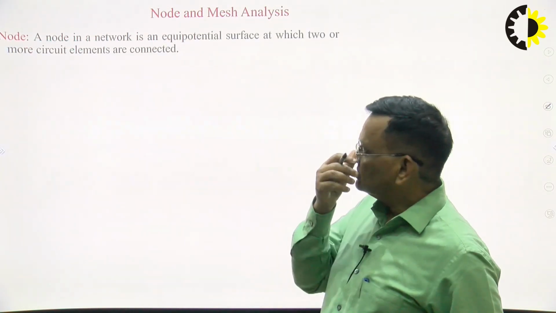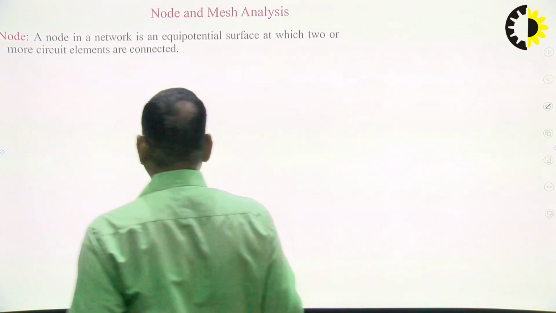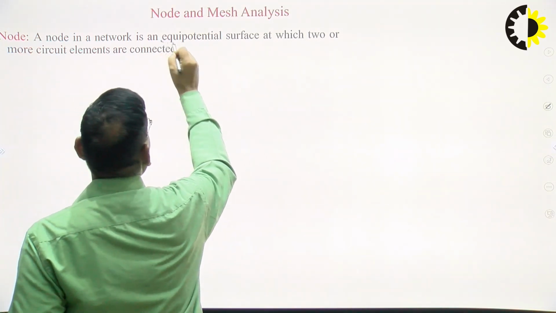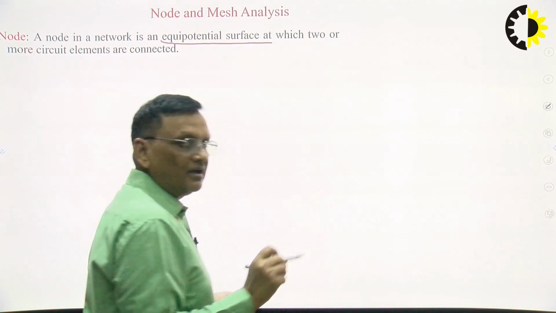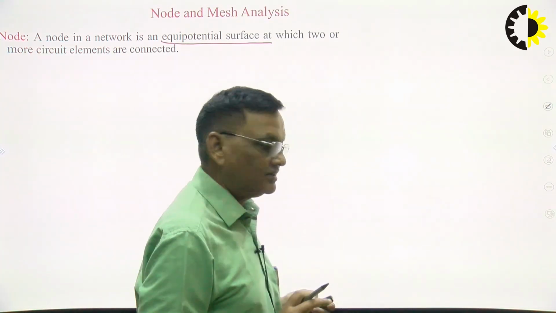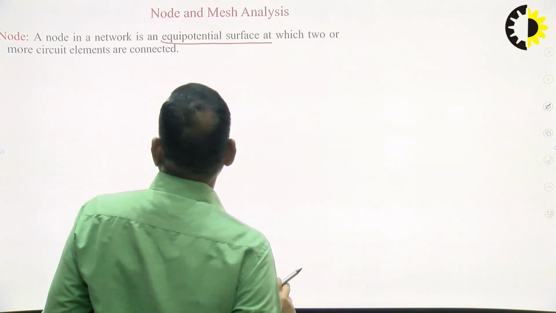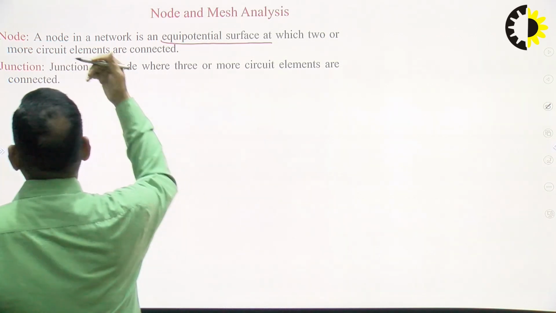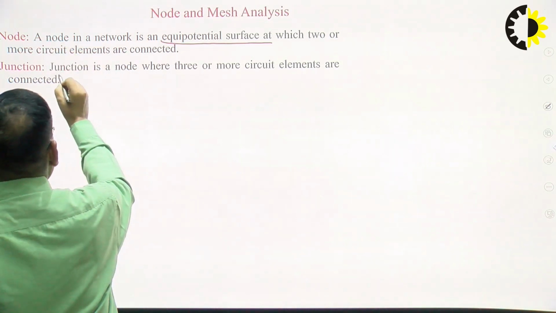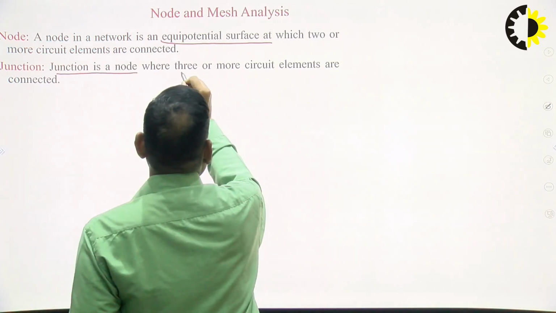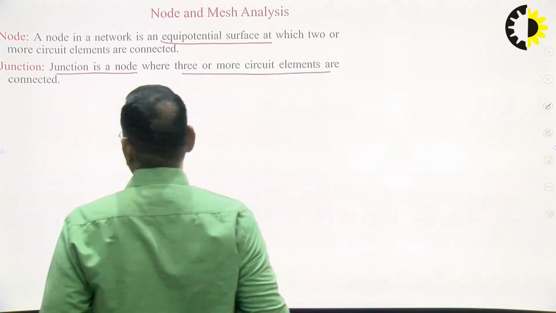So, the first term is node. A node in an electrical network is an equipotential surface at which two or more circuit elements are connected. Then what is the difference between node and junction? A junction is a node where three or more circuit elements are connected.